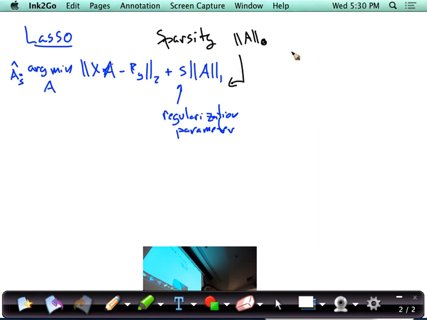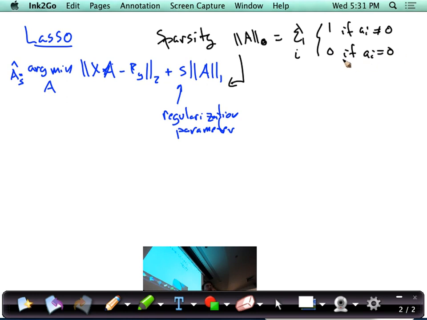If you remember what the A1 norm is, the A0 norm is going to be something like, there are different ways of writing this, the sum over i of this function where it's 1 if a_i is not equal to 0 and 0 if a_i is equal to 0.